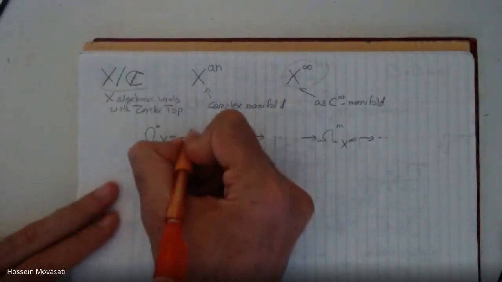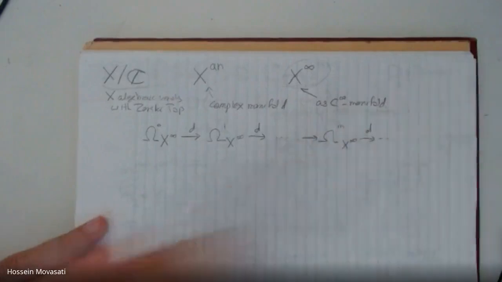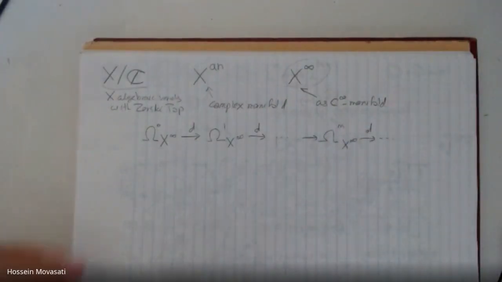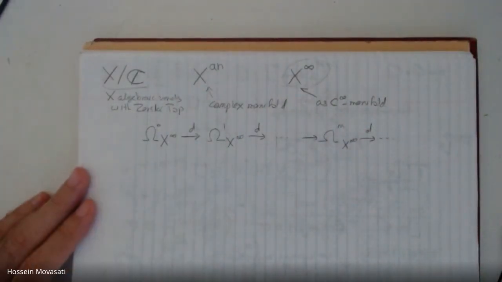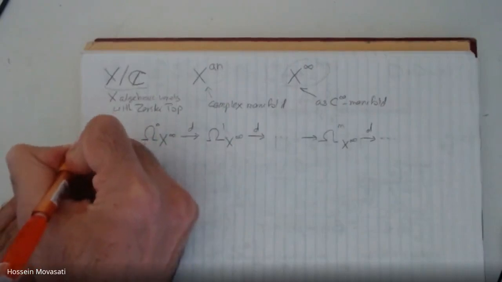So we have the complex of C infinity differential forms, and the proposition that I showed you at the end says that it computes the hypercohomology.